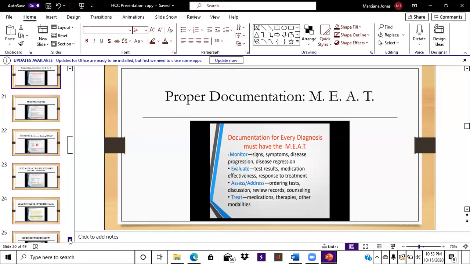Evaluate, that's when the tests are ordered, test results, medication effectiveness, response to whatever treatment. I'm evaluating, seeing what's going on. Assess and address: order a test, discussion, review records, and counseling, of course by the physician. Treat: any medications, any therapies, any modalities, anything that you're treating or how you're treating it.